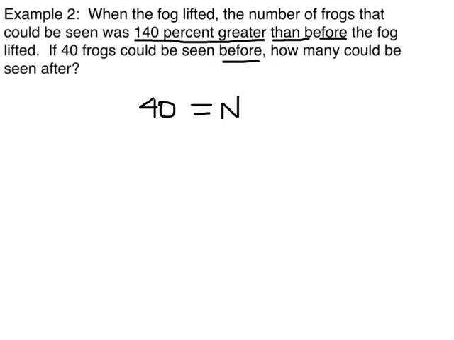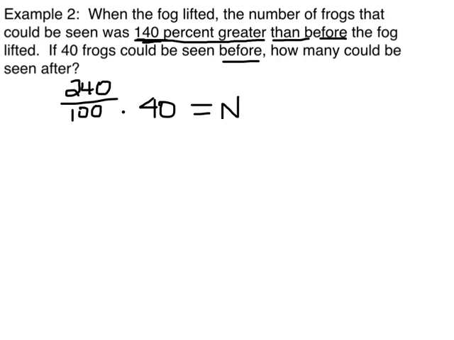times 40. Now, remember when there's an increase in percent, instead of 140, I'm going to use 240% because before the 140% increase, it was already 100%. This is another 140. All right, so then all I do is just do the math.